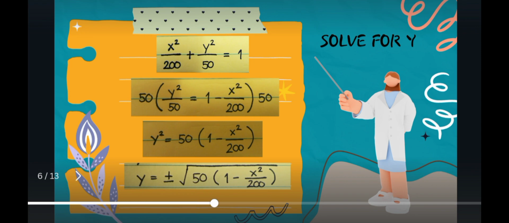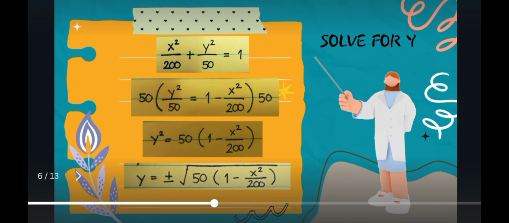So, x squared over 200 plus y squared over 50 is equal to 1. We will transpose x squared over 200 to the right side, so its sign will change into negative. Then, we will multiply both sides by 50 so that y squared will be isolated. So y squared is equal to 50 times the quantity 1 minus x squared over 200.